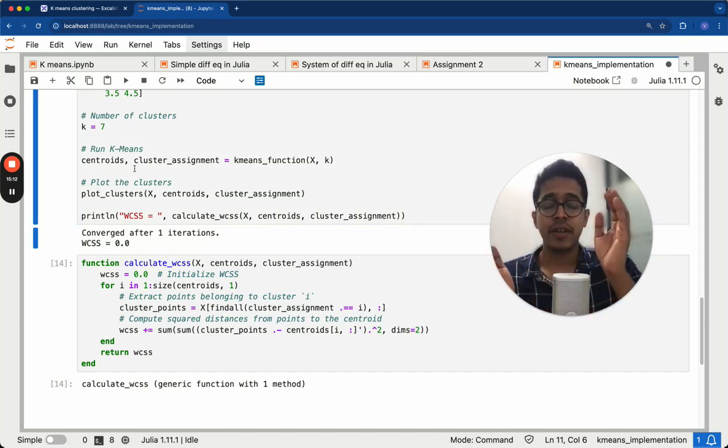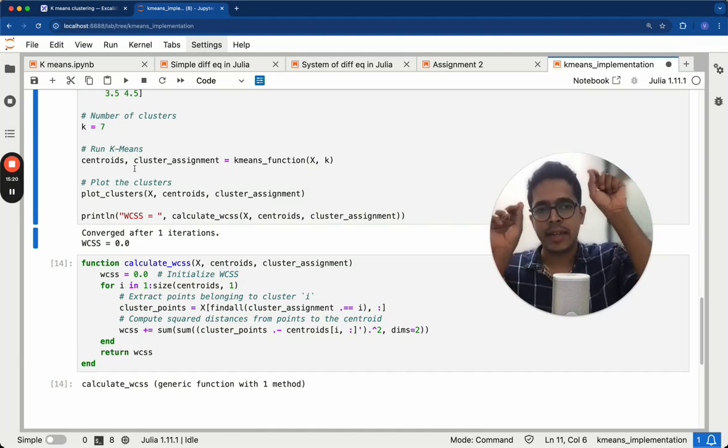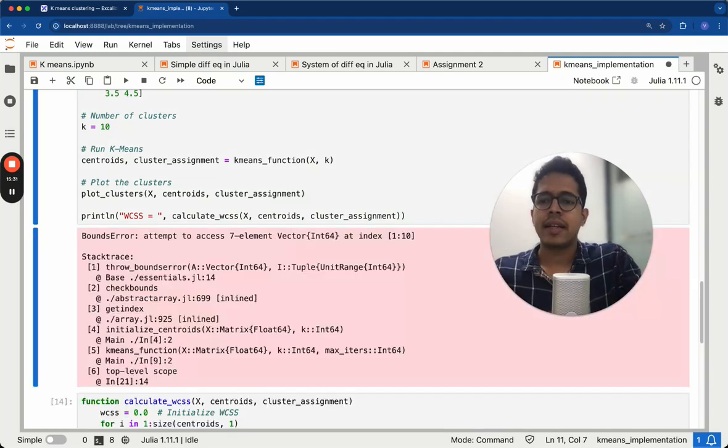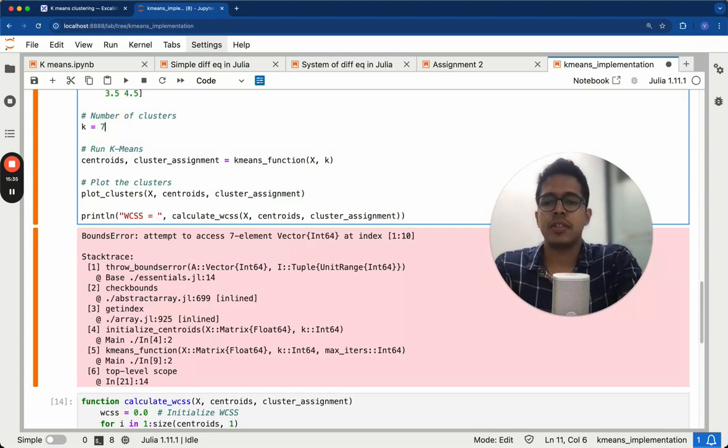Because when k equal to 7, you have 7 data points and all the centroids of the clusters are on the data points themselves, because ultimately to minimize J, the centroids will move and stay on the data point itself, which means the sum of distances from the centroid within the cluster, the within-cluster sum of squares, will become 0. I'm just curious to know what if this is 10? Because you don't have 10 points to start with, it will throw an error.